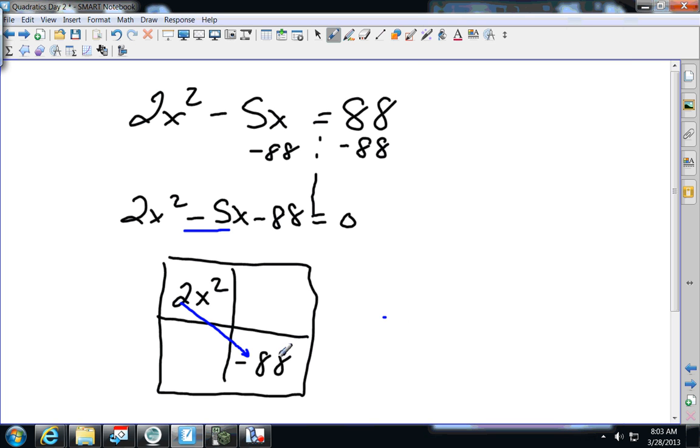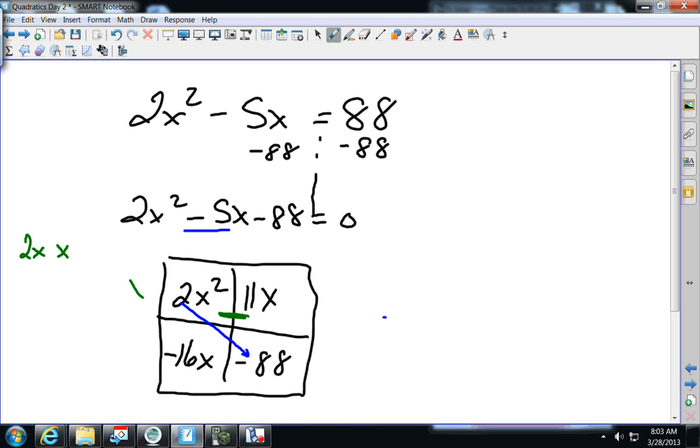So I've got 11x and negative 16x. Yeah, it's got to be a negative 5. Now, the problem is 2x squared splits up as 2x and x, and it matters where you put that. Out of these two boxes, what's the GCF? Does 2 go into both of them?